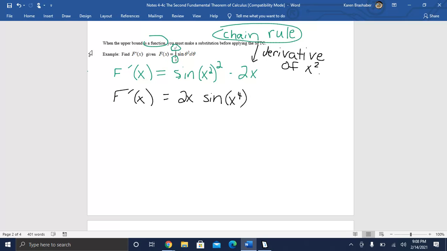And so you can see that if you are asked to find a derivative given an antiderivative, you can apply this second fundamental theorem of calculus. And so then if you'll turn your papers over, we'll be looking at the net change theorem. I'm going to do that in a separate video.